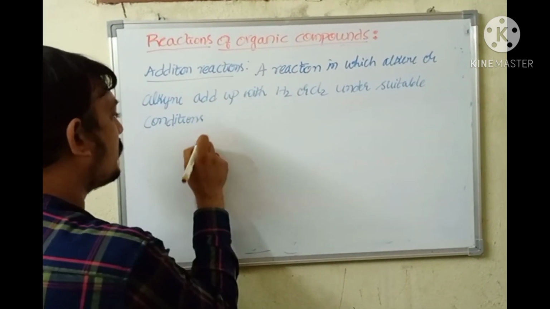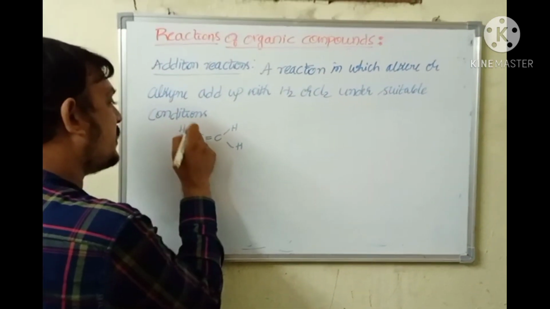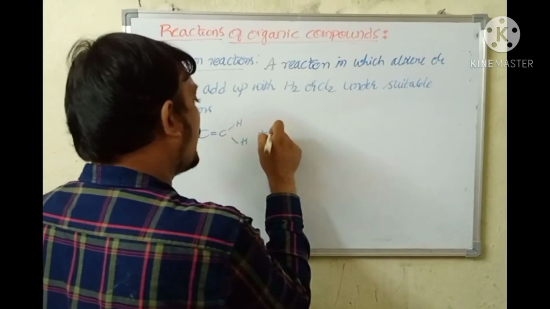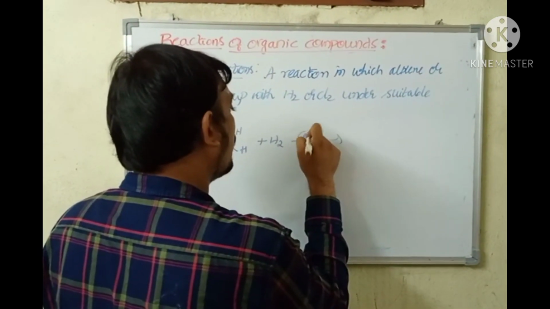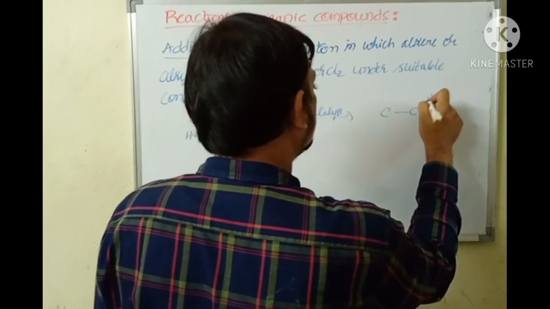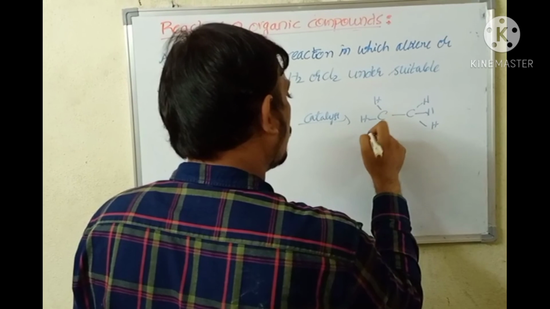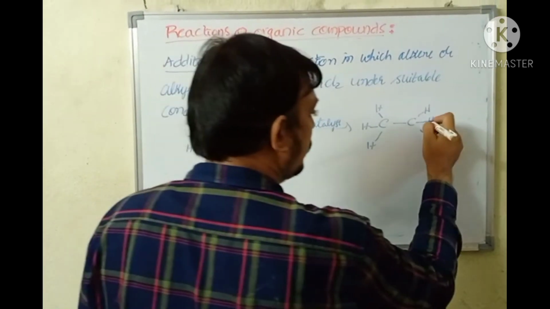For example, alkene, which is ethene C2H4, on reacting with hydrogen in the presence of a catalyst produces C2H6, which is nothing but ethane.